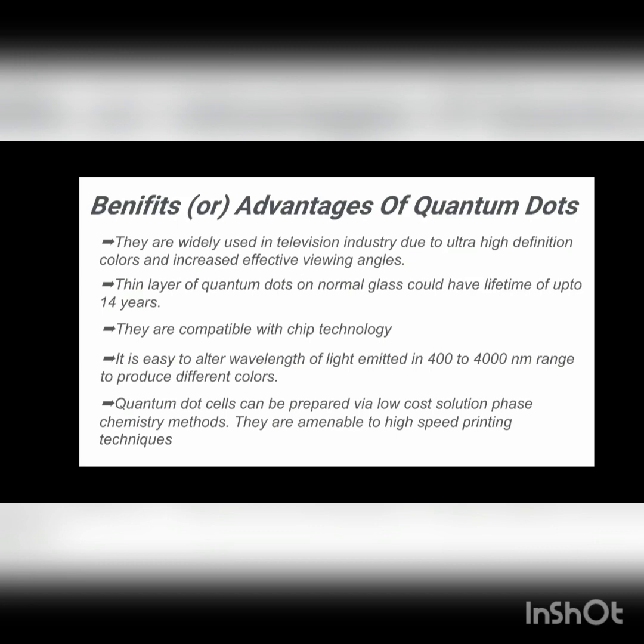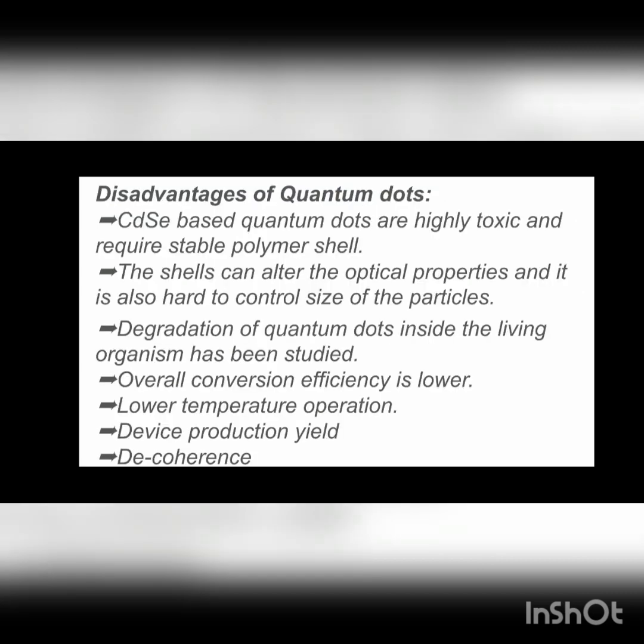Number 3, they are compatible with chip technology. Number 4, it is easy to alter the wavelength of light emitted in the 400 to 4000 nanometer range to produce different colors. Number 5, quantum dot cells can be prepared via low cost solution phase chemistry methods. They are amenable to high speed printing techniques.